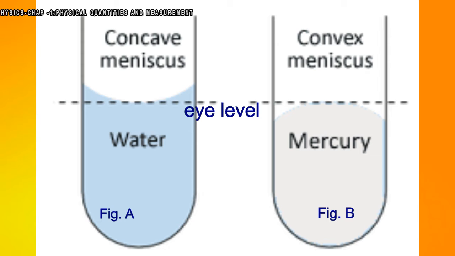Such a curve is called the lower meniscus or concave meniscus, shown in figure A. On the other hand, liquids like mercury curve upwards, that is, convex surface up. The reading in this case will correspond to the upper meniscus or convex meniscus as shown in figure B.